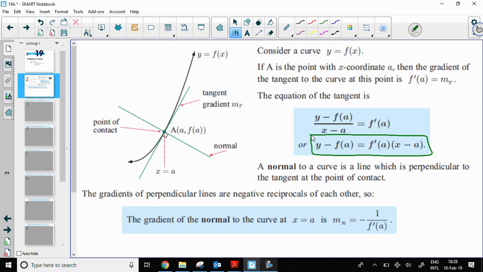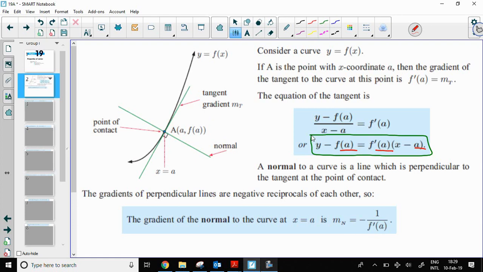And the idea with that, again, is we're going to be told we want to find the equation of the tangent line at a particular point, which in this image is this one right here, point A. So it has coordinates A, f of A. So we're just going to put those into point slope, and then we're going to be calculating the derivative of the curve f of x, whatever it is, evaluating that derivative at A, and that's going to give us our slope.